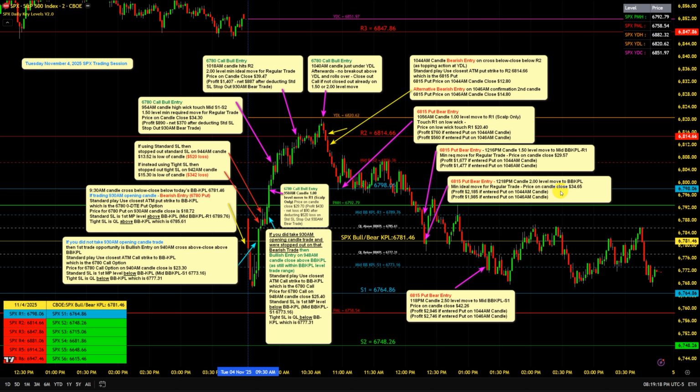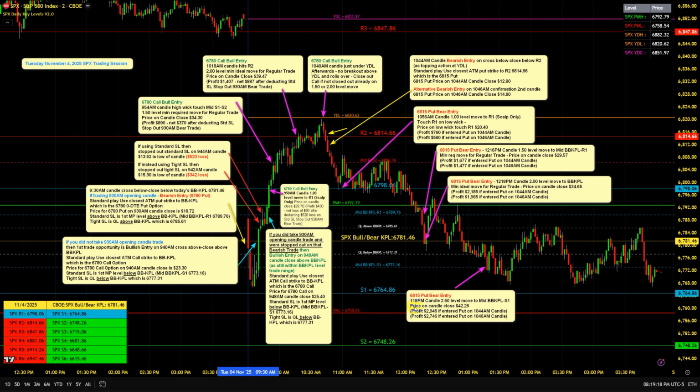The profit on this, based on the price of the candle close of this 12:18 candle, $34.65. The profit is $2,185 if you entered on the 10:44 a.m. candle, or $1,985 if you entered on the 10:46 candle.